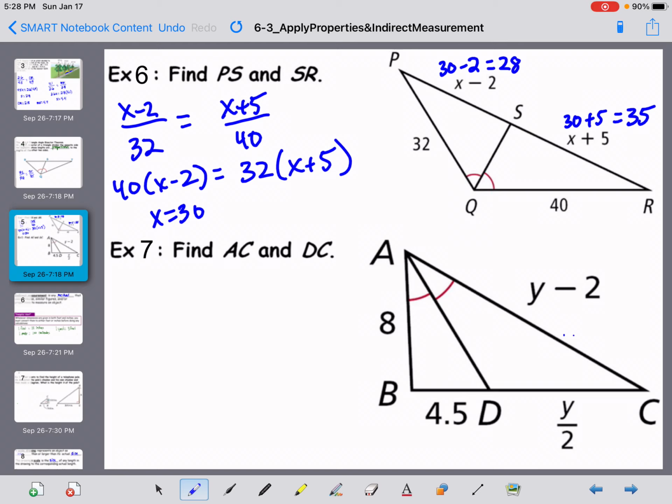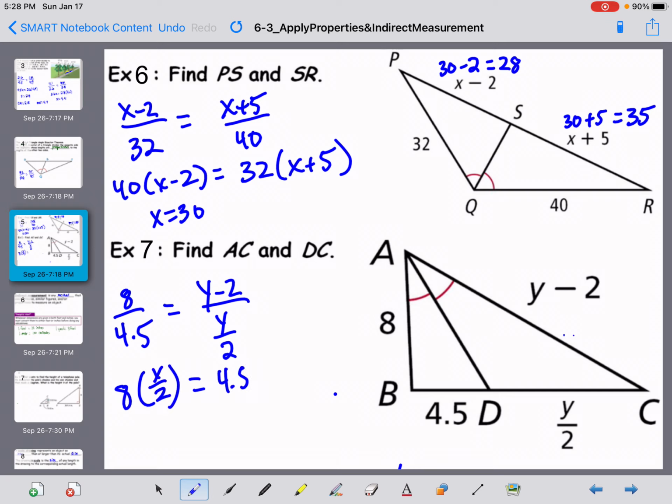The next one, I have to find AC and DC. I think whoever created this problem must have liked rock and roll. So 8 over 4.5. This is going to look a little funny. Y minus 2 over Y over 2. So be really careful when you're typing this one in. You're going to type in 8 and then this fraction Y over 2 equals 4.5 times Y minus 2.